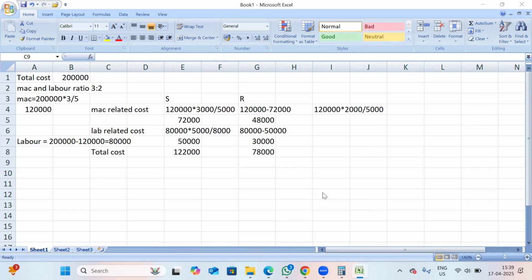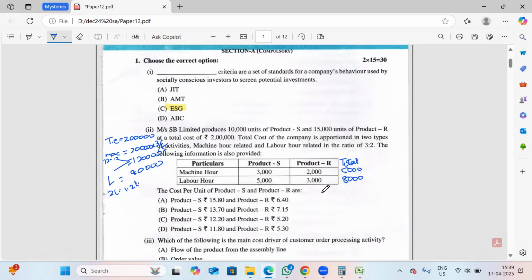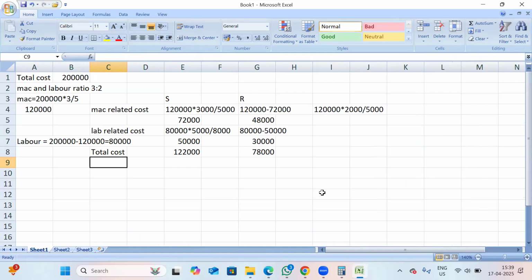Now, in the question, they asked to calculate the cost per unit of products S and R. We produce 10,000 and 15,000 units.